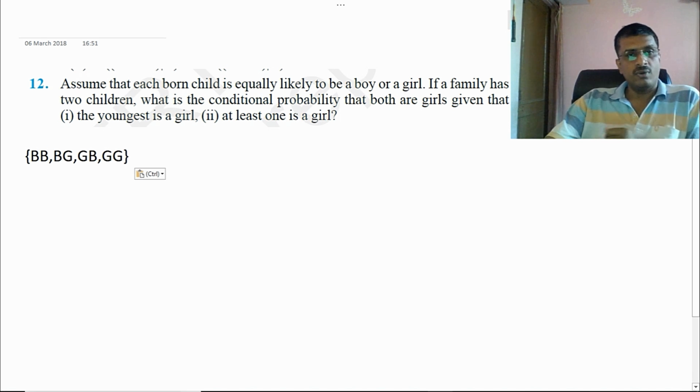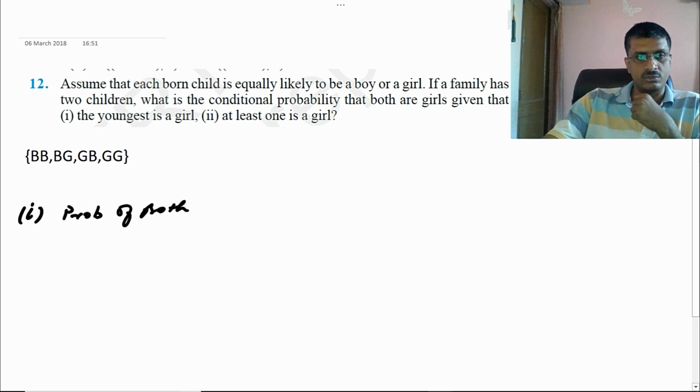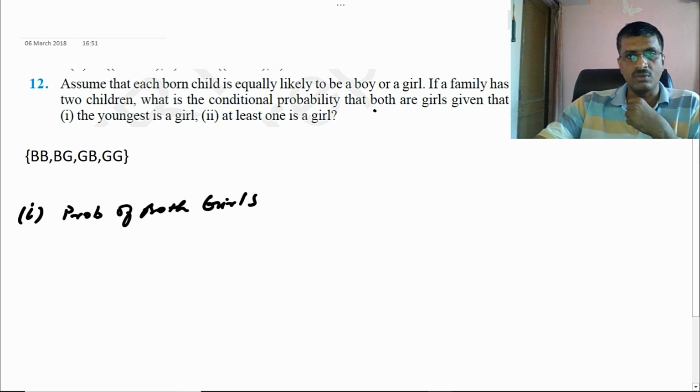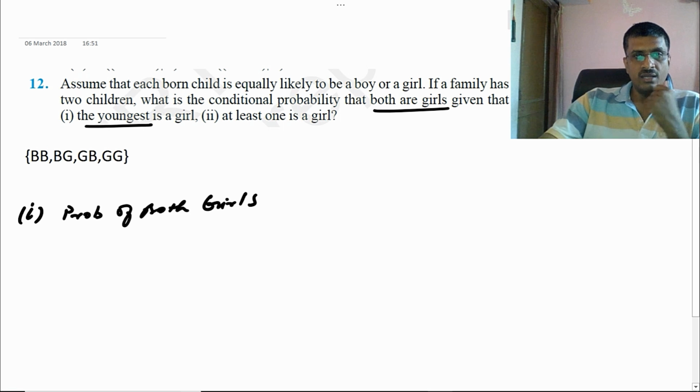Now, what does it want in the first case? It wants you to find out the probability of both girls. What is given here in this case? That the youngest child is a girl.